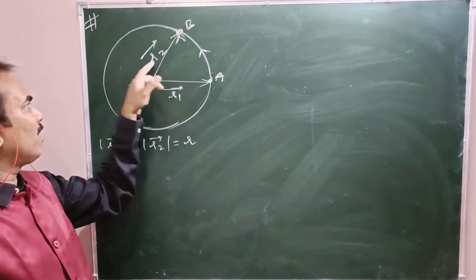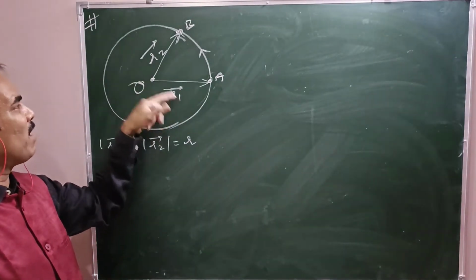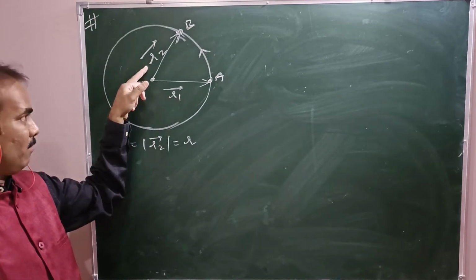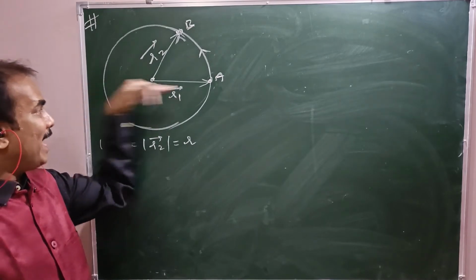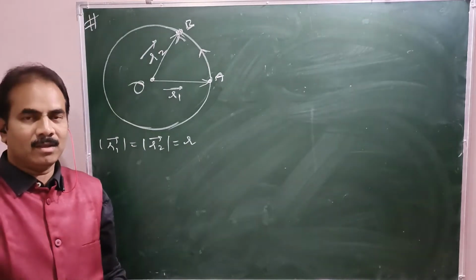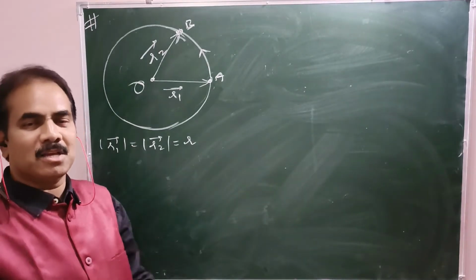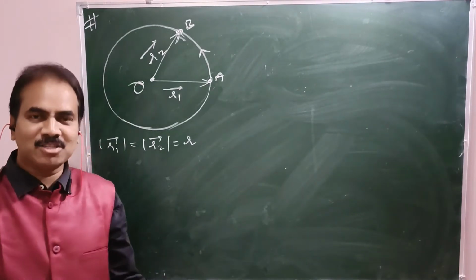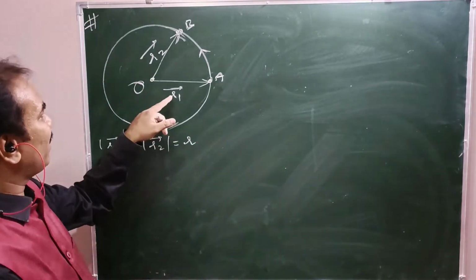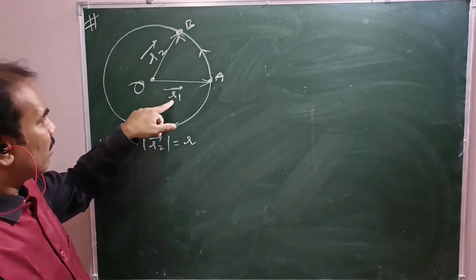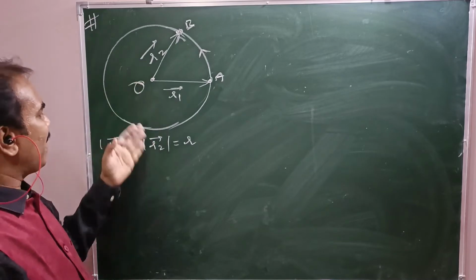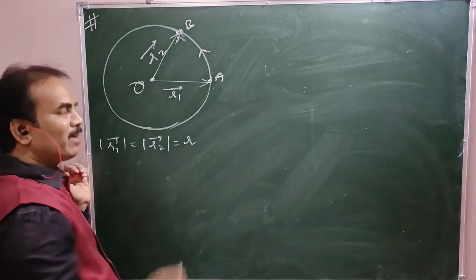So here also R, here also R. But why take R1 bar and R2 bar? Because the direction of the radius vector changes. If the magnitude changes or the direction changes or both change, that vector is said to be changed or altered. So that is the reason why different labels are taken, R1 bar and R2 bar. In fact, their magnitudes remain the same.